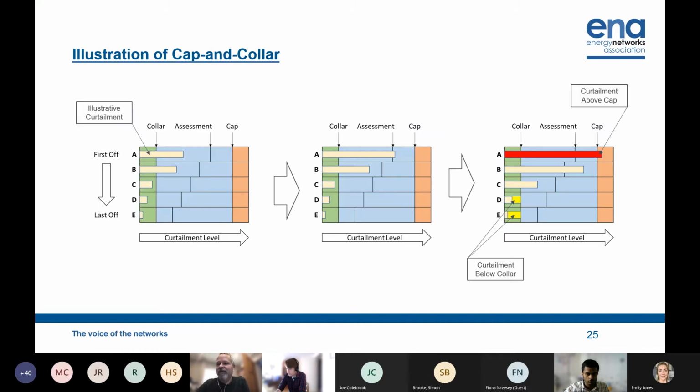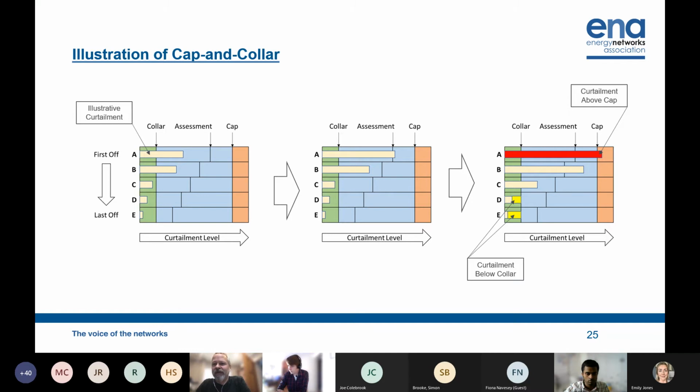So to help explain all that, I always like a picture. So what we have here is an illustration of how the cap and collar system would work. What you've got as you move from left to right is increases in curtailment over time, with the LIFO stack order being customer A first off, customer E last off.